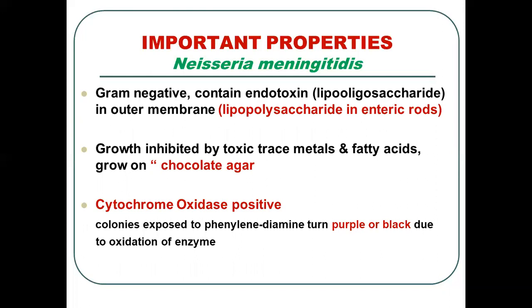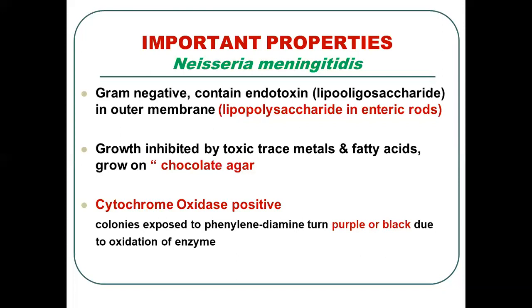Now, the exception with reference to the variations in the outer membrane of the gram-negative enteric group and the Neisseria group is that the outer membrane of Neisseria is not a lipopolysaccharide in nature. It is a lipooligosaccharide. The lipid A component is common both in Neisseria and in other gram-negative rods, like the enteric rods.